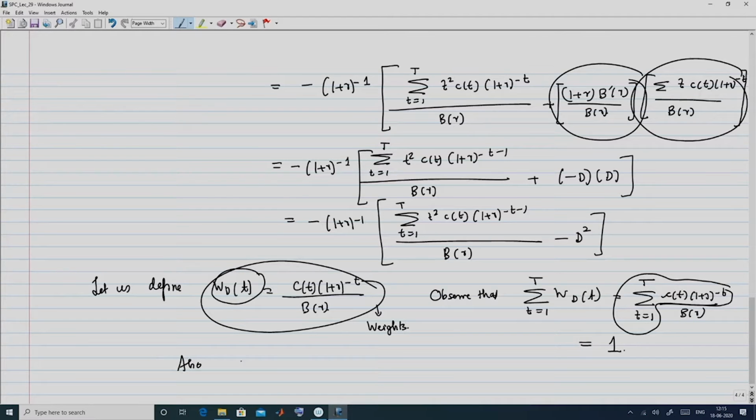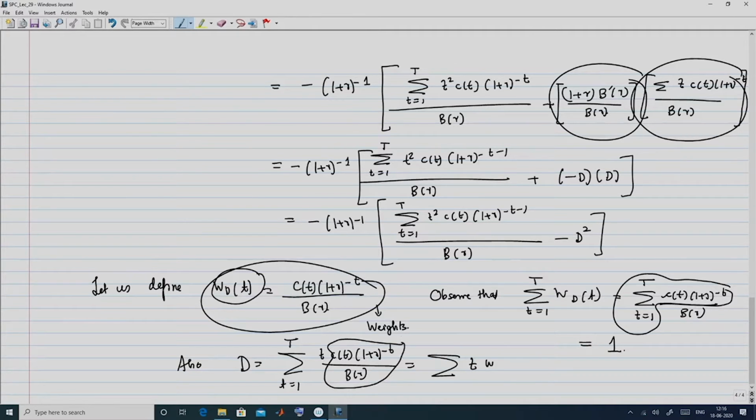Also, we observe that D is nothing but summation t c of t into 1 plus r raised to minus t over B of r, t is equal to 1 to capital T, and by definition of w d of t, remember that this term is going to be w d of t.